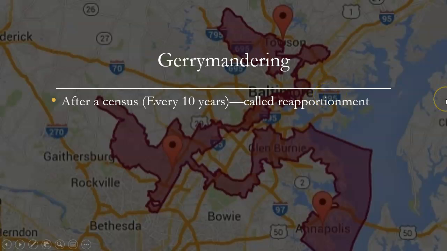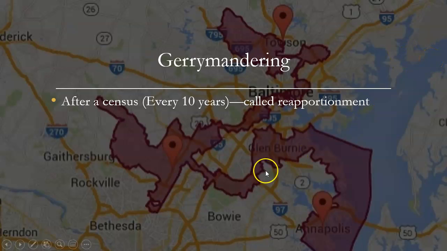But so what they do is Congress gets the official census count, and they divide up how many representatives there are, 435, divided by the total population of the United States. And that's how many should be in a district, whatever that number is. It's something like 400,000 per district.